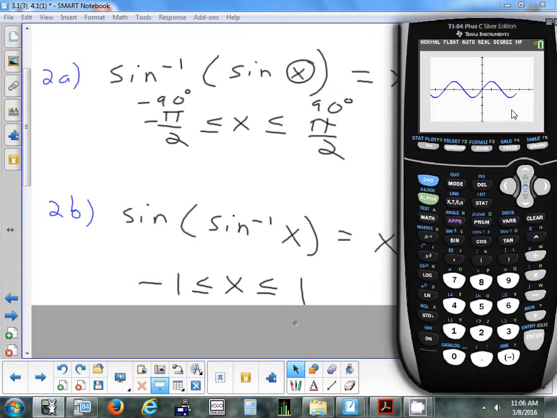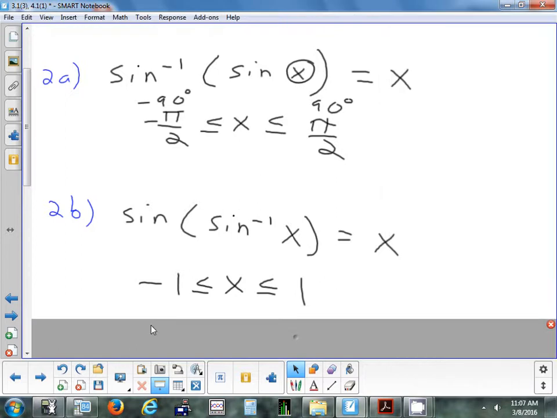Do those two curves, the red and the blue, ever cross? No. So if you pick a number that's higher than 1 or lower than negative 1, it's not even possible to solve. You get undefined.